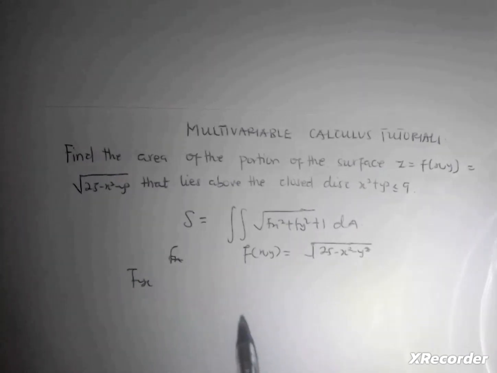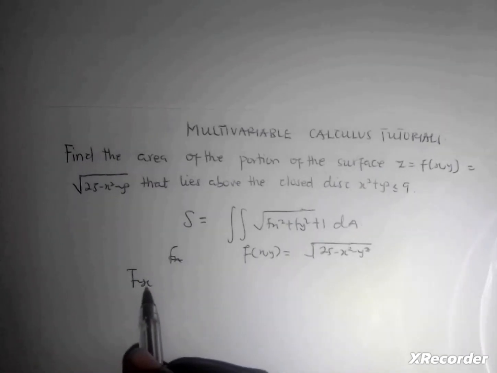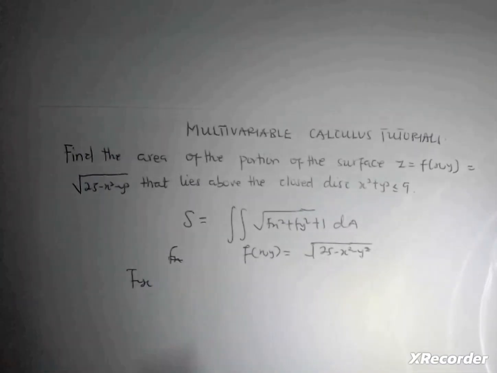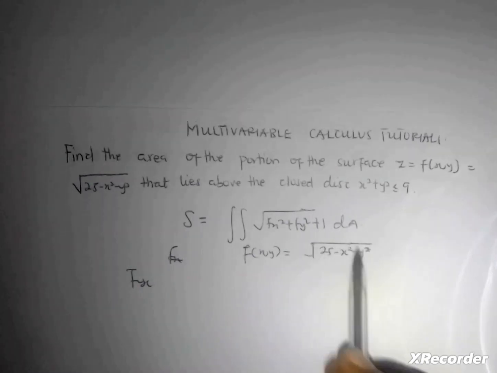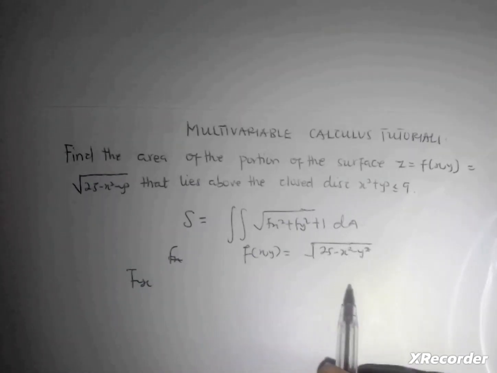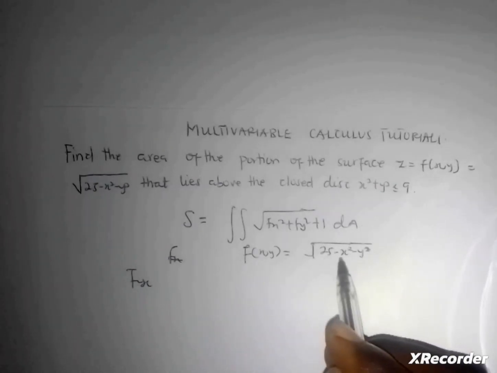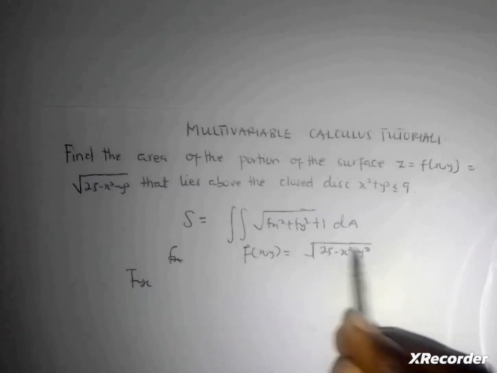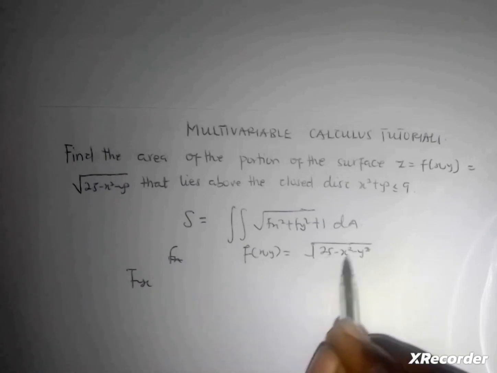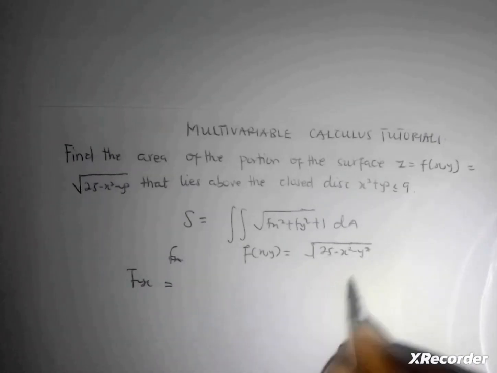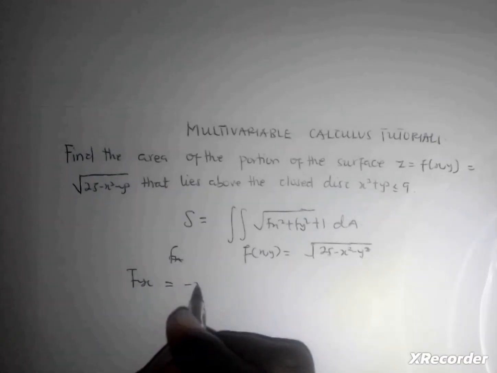Fx, when I'm finding the partial derivative with respect to x, y will be a constant, 25 will be a constant. So this is a composite function. To find the derivative with respect to x, I'll first treat what I have inside as one, then I'll treat everything as a whole. Finding the derivative of my inner function, since these are constant, I'll get negative 2x, right?